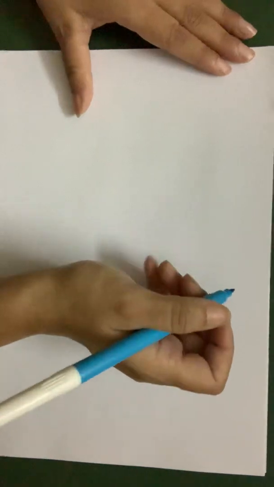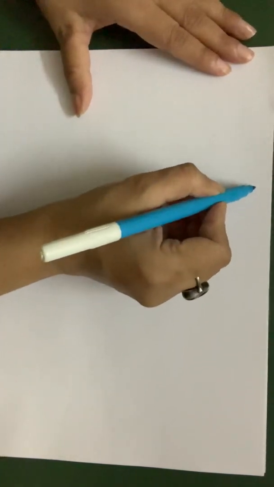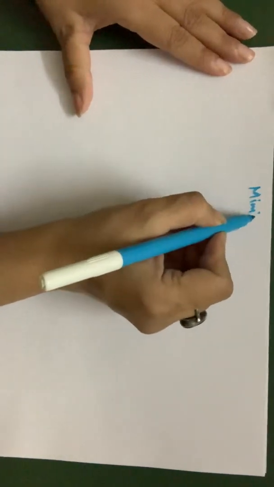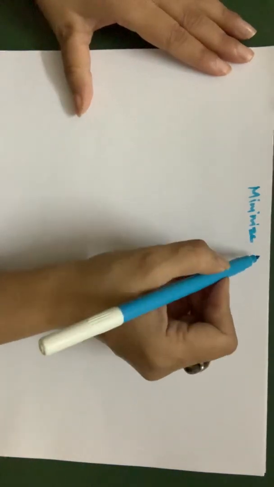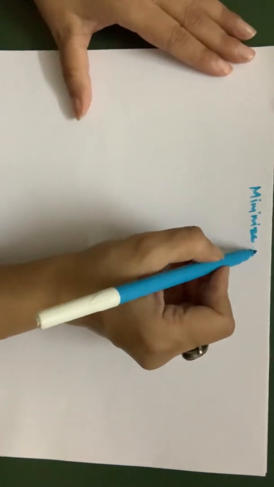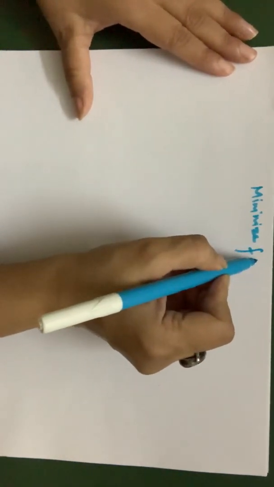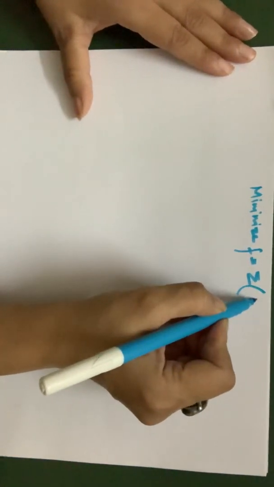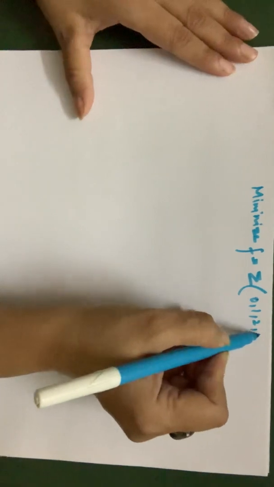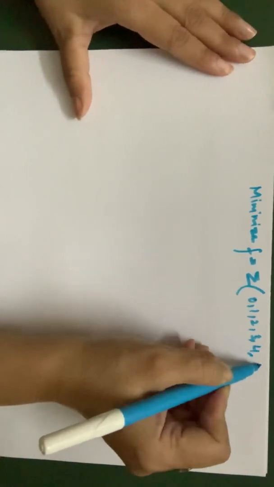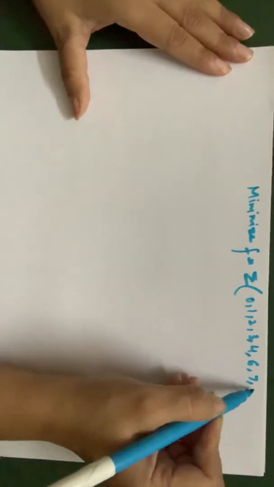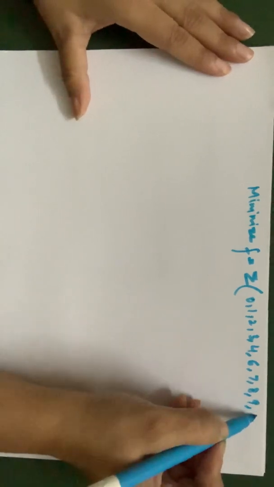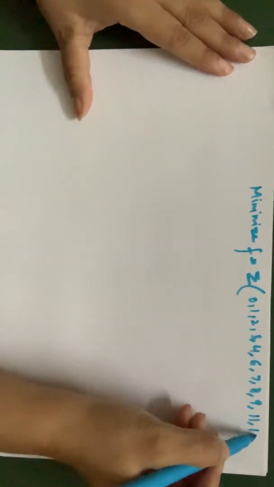Now we write one question and try to minimize a function, which says the values for the function are 0, 1, 2, 3, 4, 6, 7, 8, 9, 11 and 15.